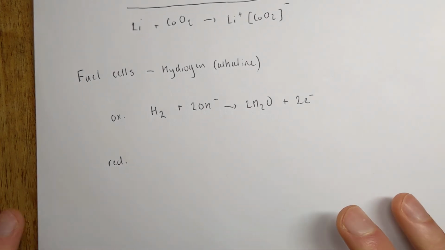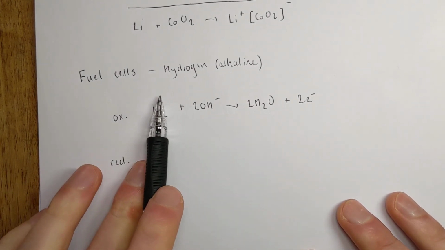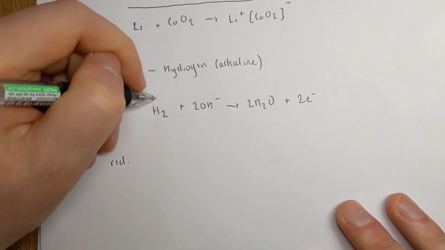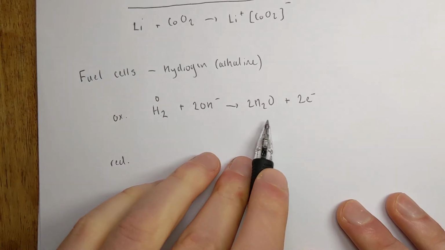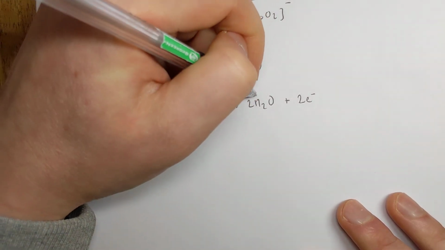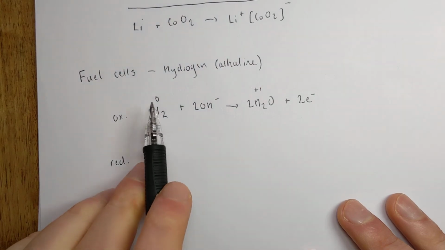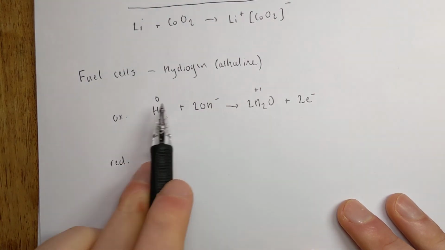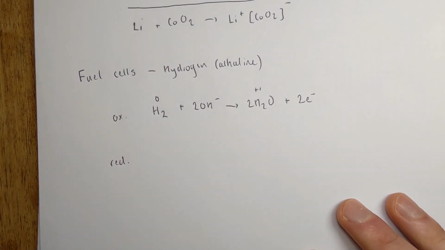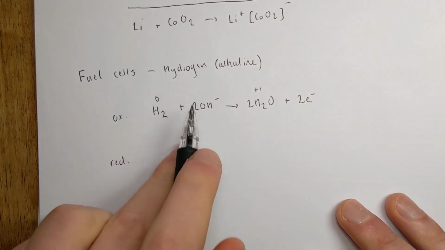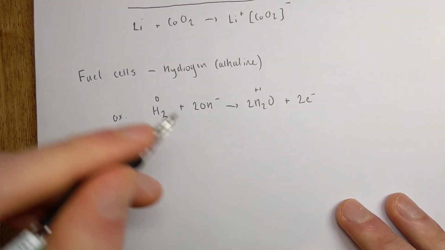Again, it looks deceptively straightforward. The key thing to analyse is your hydrogen. That's an element, hydrogen, it's got an oxidation state of 0. However, when it finds itself in water, it's in its normal compound form, which is +1. Therefore, the hydrogen has been oxidised 0 to +1. There's 2 of them, that's why you've got 2 electrons there. The OH minus is showing this is under alkaline conditions.